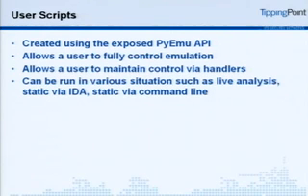You can run it on static in IDA, and you can run it just straight from the command line using the PE file parser that I use, the Python PE file. So it gives you a lot of flexibility. It lets you create scripts that you can execute in different environments. Depending on your workflow, you may be a person that uses debuggers, you may be a person that just uses IDA, and this lets you use an emulator.